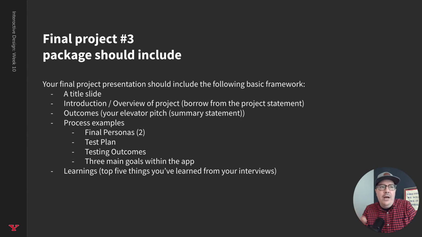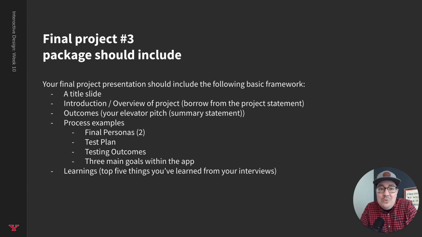Our final project number 3 package is going to include a very similar layout to what we've done for projects number 1 and 2, but a little twist to be specific for the goals and the types of things we'll be doing for project number 3. You're going to have a title slide, of course, an introduction or an overview to the project, the outcomes or kind of a high-level statement of what you learned, process examples.